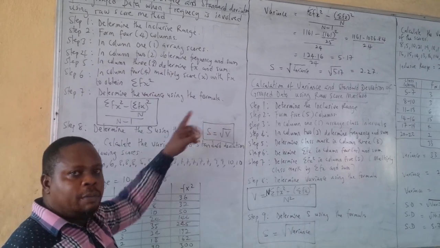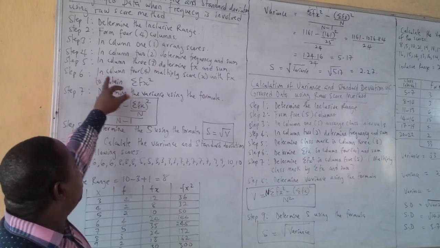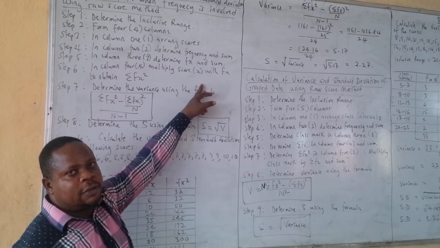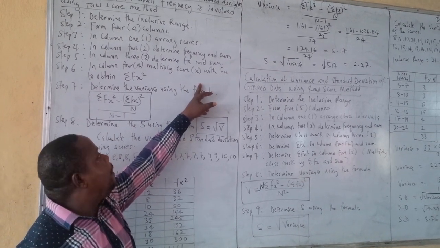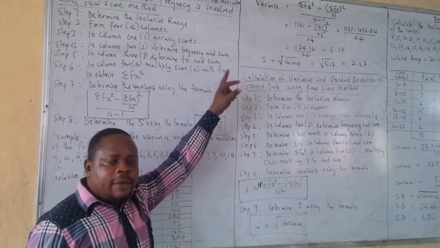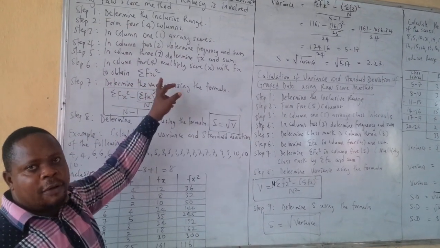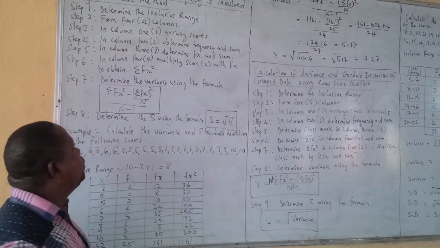And then step 6, in column 4, multiply score s with fx to obtain the sum of fs squared. Please take that again. In column 4, multiply score, which is s, s stands for score, with fx. And then what you have is the sum of fx squared.